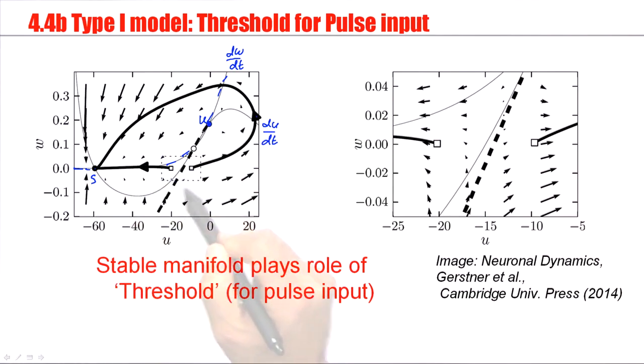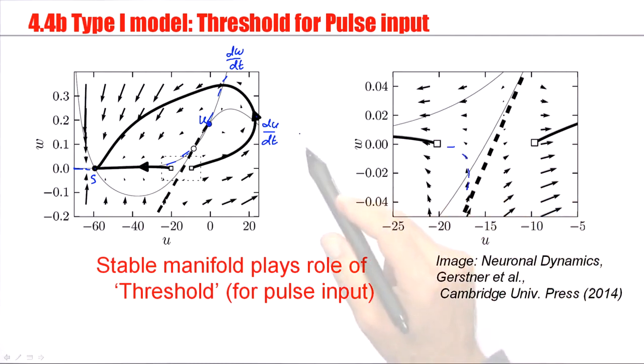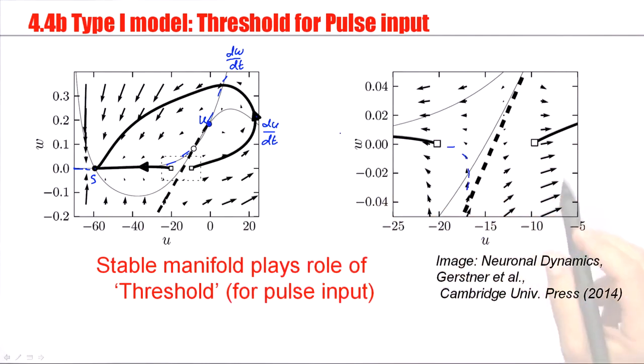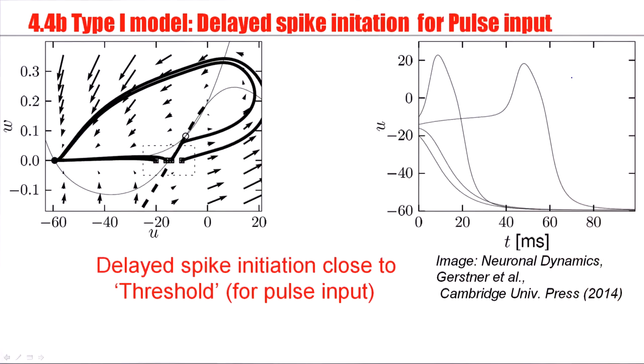If I zoom in onto this region, I see the different arrows, and I can predict that if you start here, you still move towards the stable fixed point, towards the rest, while if you start here, just a little bit on the other side, it will move up here. And this is shown in these iterations here.